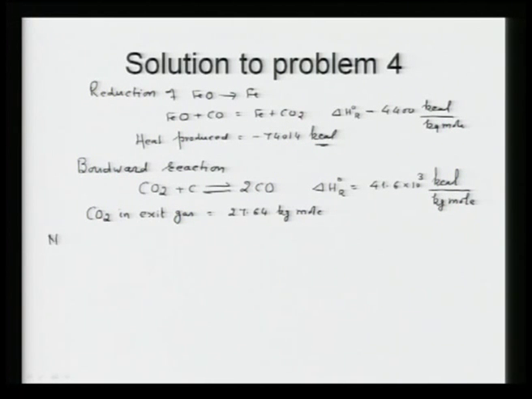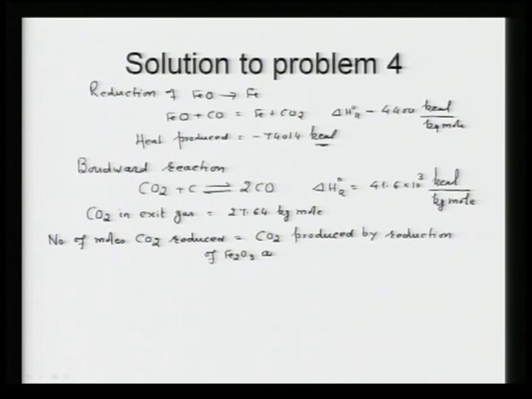Now, the number of moles of CO2 reduced by reaction CO2 plus C equals 2CO is equal to CO2 produced by reduction of Fe2O3 and FeO by CO, minus CO2 in exit gas.